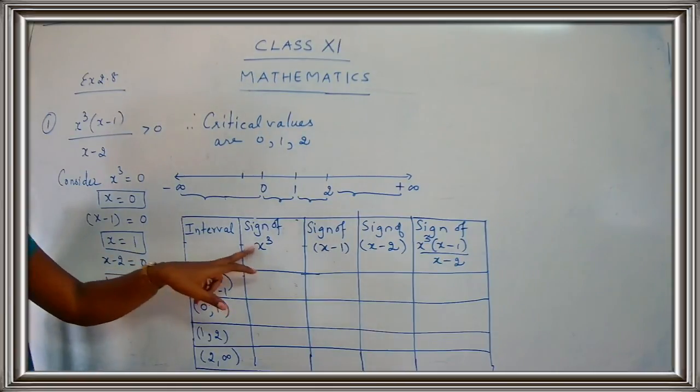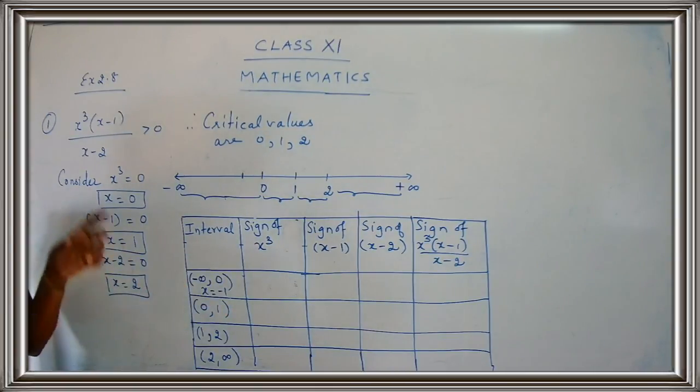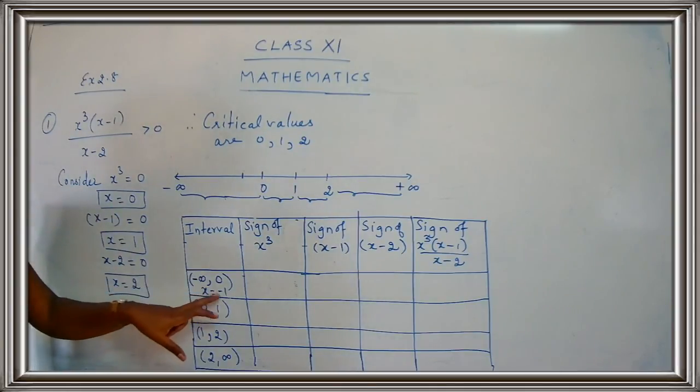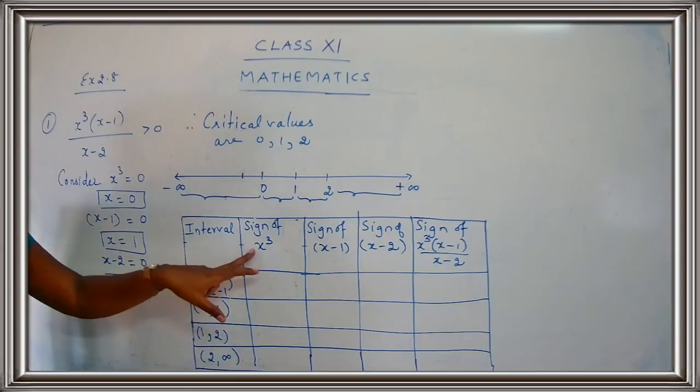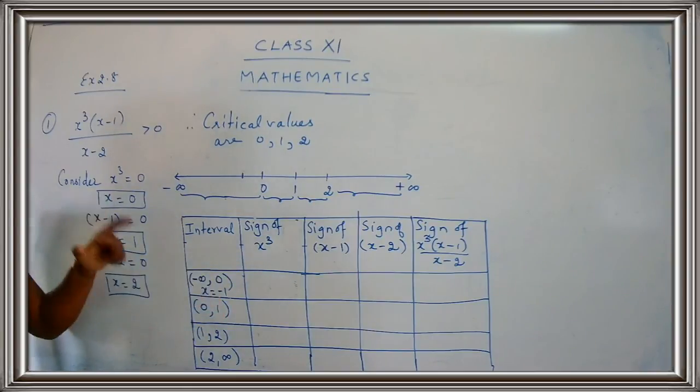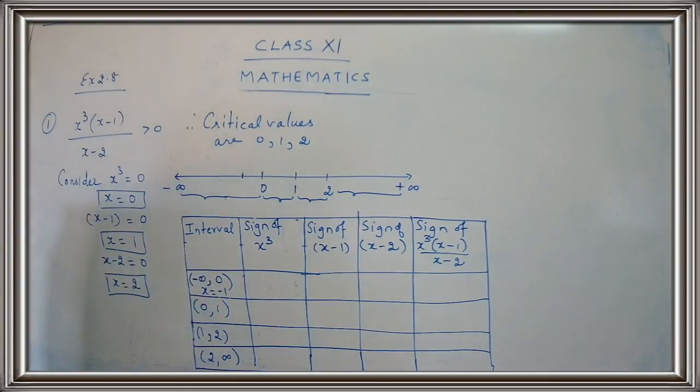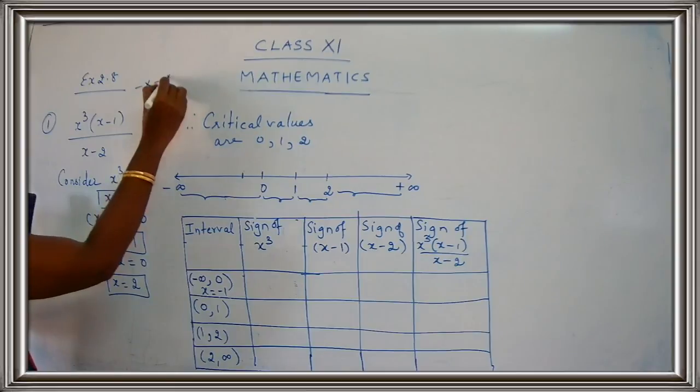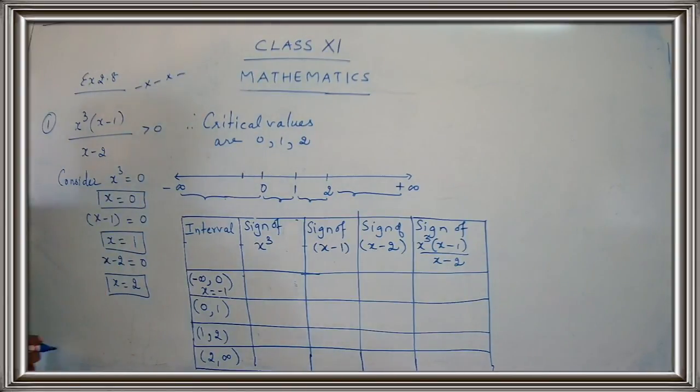Now here we are not going to find the value; we are just going to focus on the sign. This is minus 1 and this is x cube. So minus 1 into minus 1 into minus 1. What is the answer, children? Minus into minus into minus, you get minus.